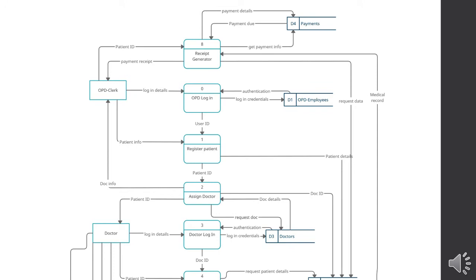So, first of all, this system will be accessed by two persons, which are the clerk and the doctor. First, the clerk will log in their details to punch in.